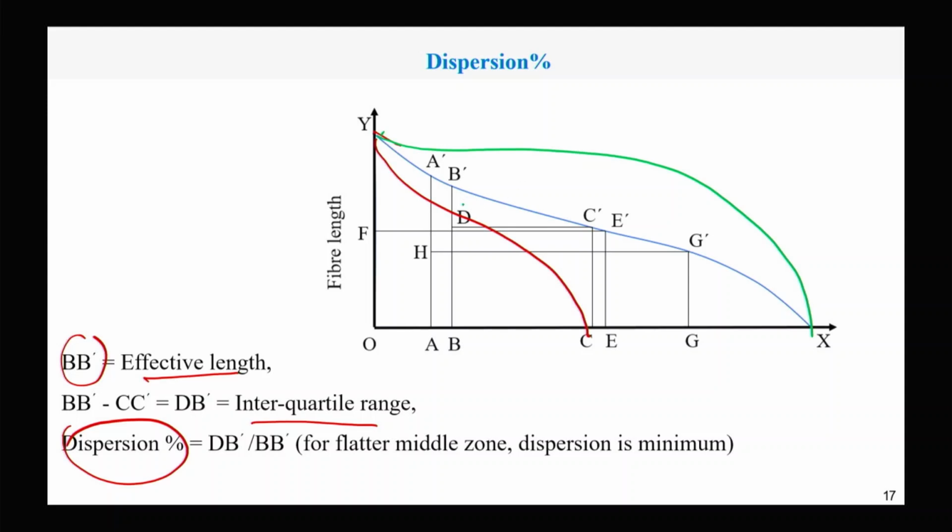Suppose this one will have lower dispersion and this will have higher dispersion percent. This type of fiber will create problems during the process.